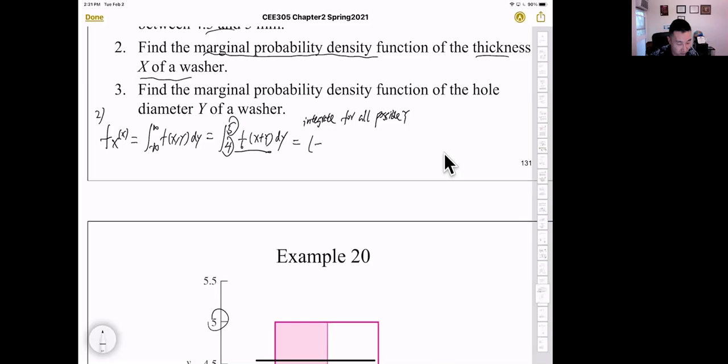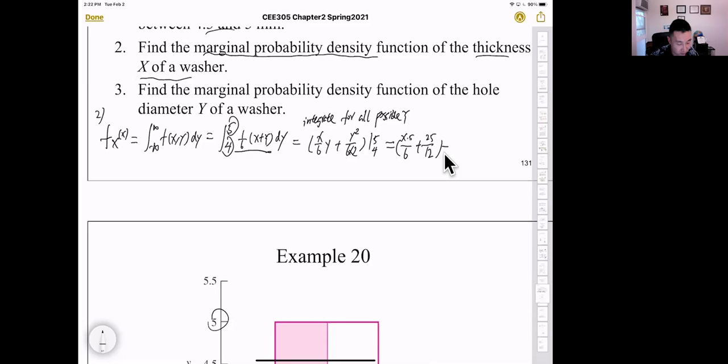So this will become xy plus y squared over 2, between 4 and 5. Okay, you treat x as a constant. So we plug in y equal to 5: x times 5 plus 25 over 2.